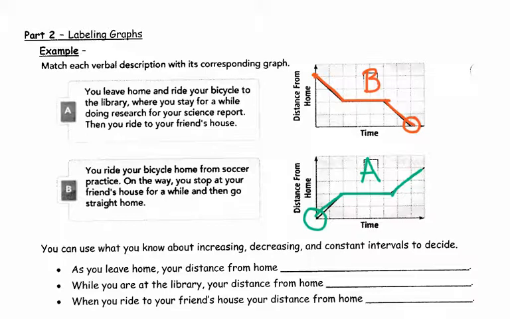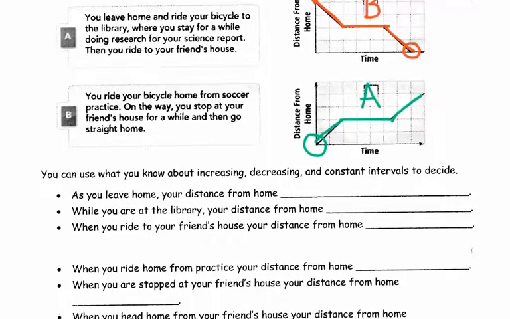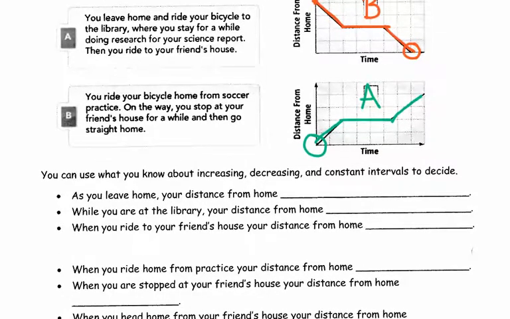So let's take a look at this part here. As you leave home, your distance from home increases. While you're at the library, your distance from home is constant. And when you ride to your friend's house, your distance from home increases again.